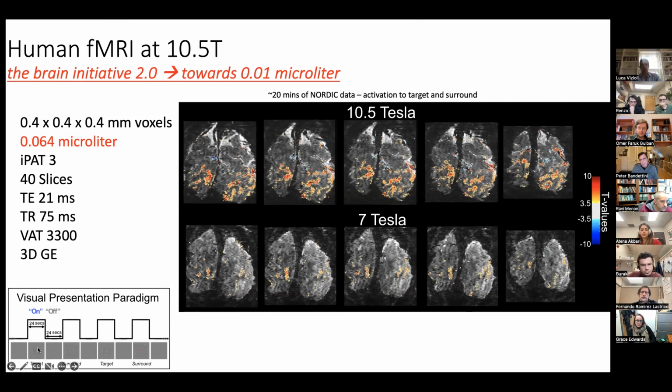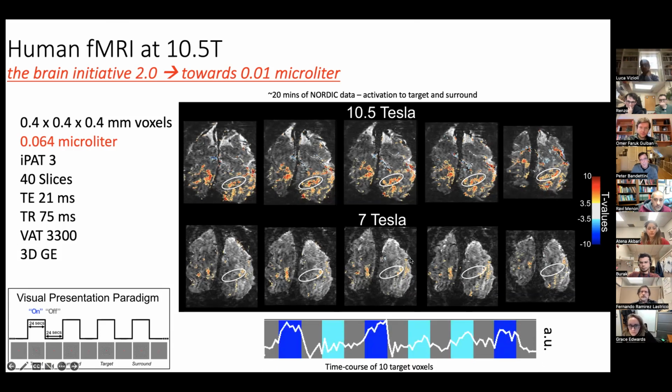Again, here we turn back to our gratings because we wanted our retinotopic properties to serve as a ground truth for validating our activation. And we do expect, based on retinotopic location, activation inside this white ellipse that I drew on the images, and we can see that we clearly see meaningful activation at 10.5T but not at 7T due to the low SNR, obviously, at this lower field strength.